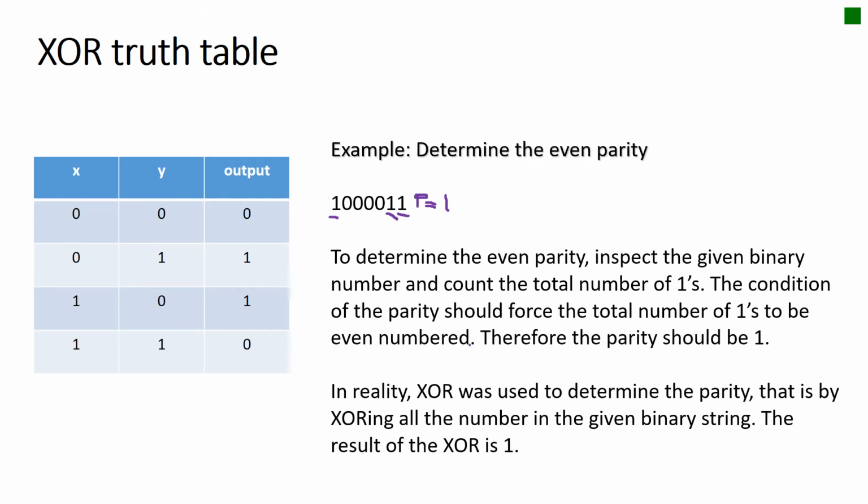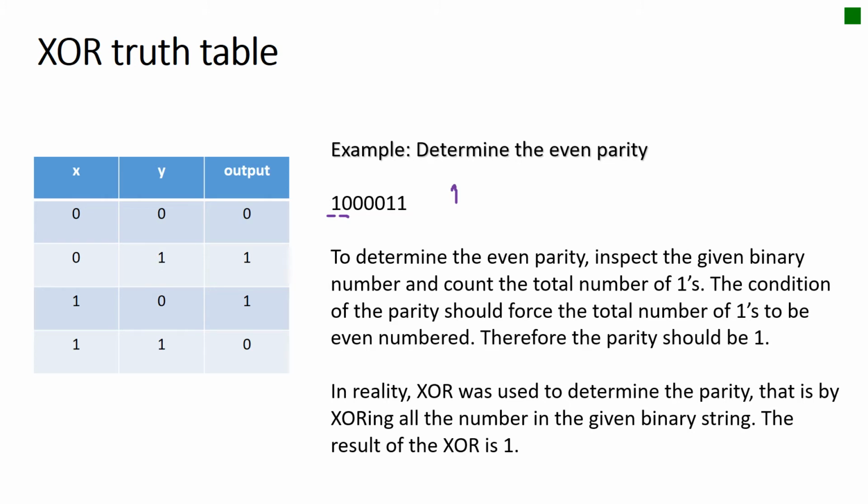In reality, XOR was used to determine the parity bit. How? That is by XORing all the numbers in the given binary string. The result of the XOR is 1. So let us try XORing the bits in your given binary number. 1 XOR with 0 is 1.